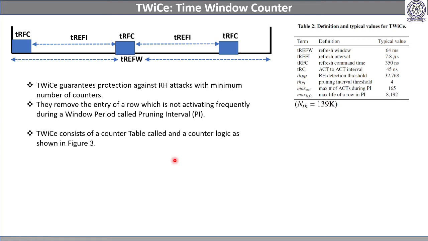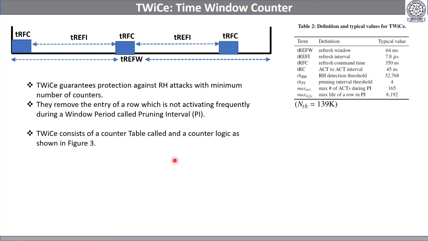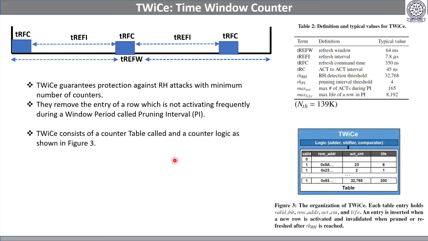So they only count the number of activations in the most recently accessed rows, and they use another interval, called PI. During this PI interval, if a particular row is not accessed, they remove it from the table, or from the counter. To maintain the counters, they use a table like this.